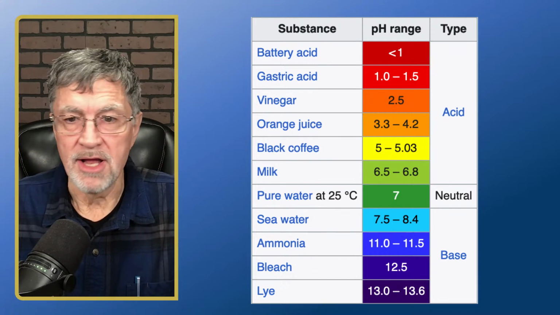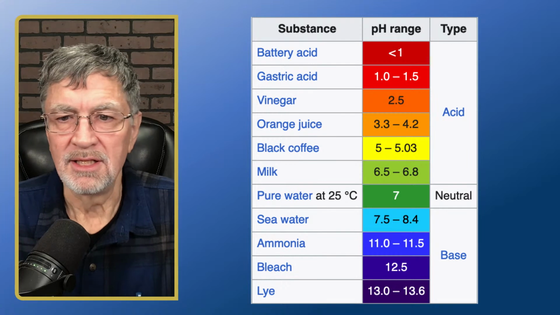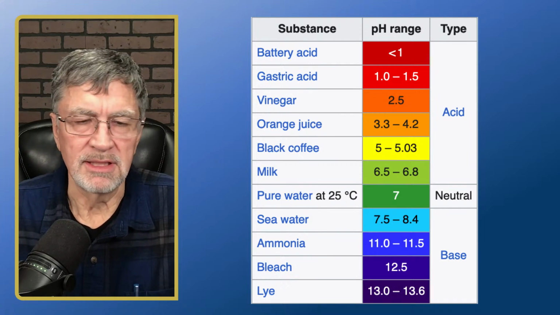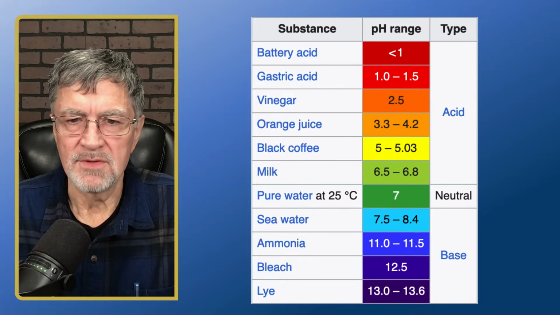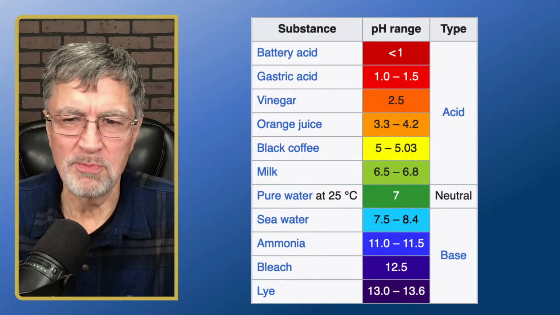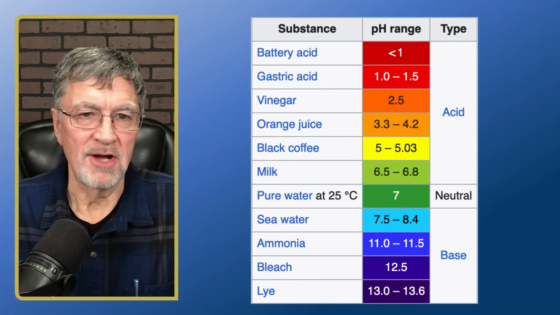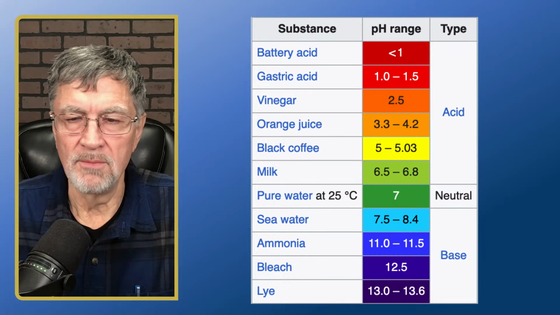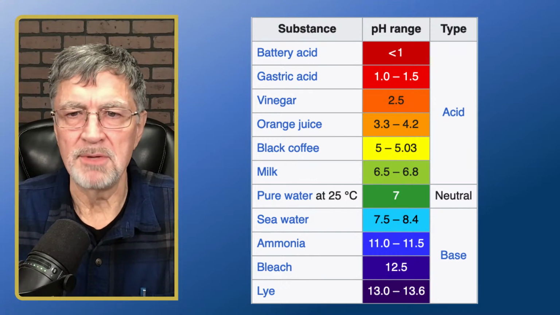Bleach is going to be very alkaline. And then, of course, lye, 13 to 13.6, so very alkaline. It's used in a lot of harsh soaps because the alkalinity has properties that help clean things. So that's your general pH scale.